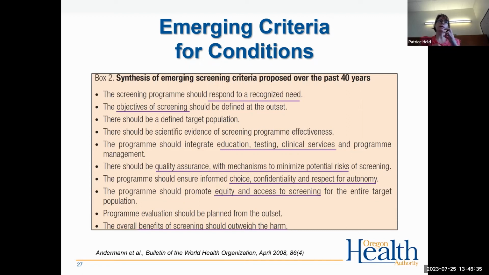We'll need to integrate education, testing, and clinical services when we're onboarding new conditions. We need to start to allow for some autonomy or respect for the individual. We need to address more and more issues of equity and access to screening. And again, we'll always be weighing the benefits of screening against the potential harms.